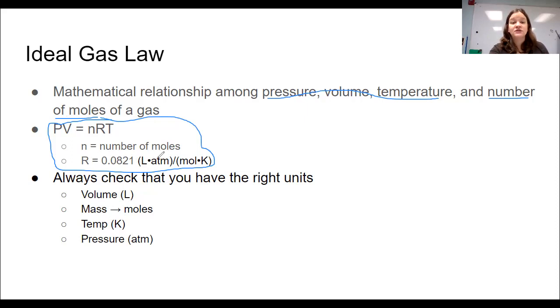We're going to try to use liters, atmospheres, moles, and Kelvin. So this middle point is the one that you really need to make sure that you have written down. If you want to write this in, you may have to come back to the notes another time and finish writing in those units.